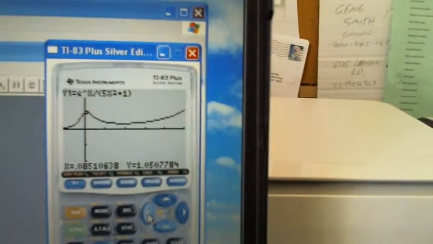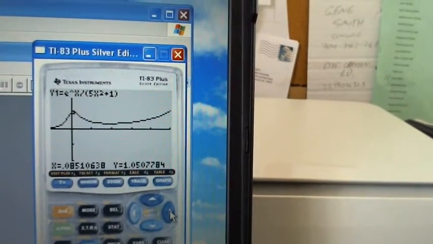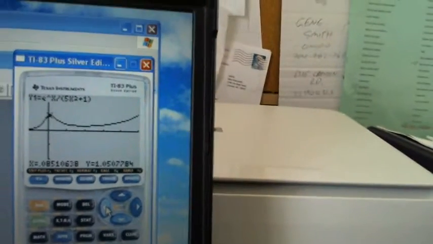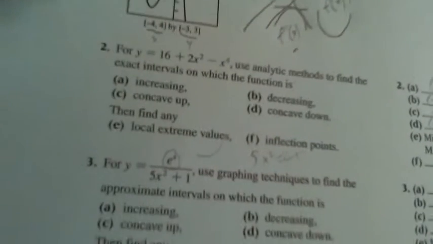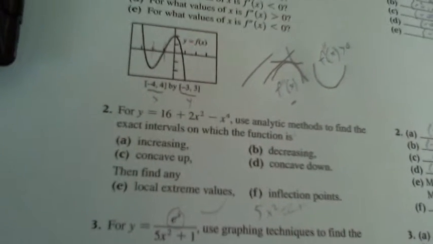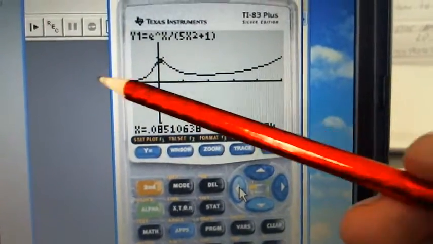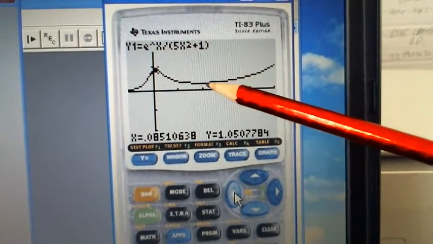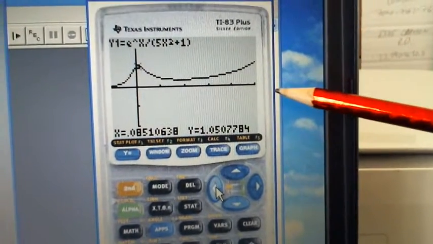So according to this, find out where this is increasing. This is increasing everywhere from negative infinity over to here. And it's decreasing to say 2-ish. And it's increasing again.